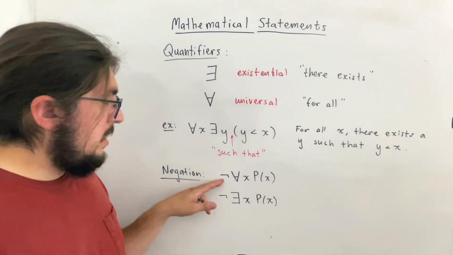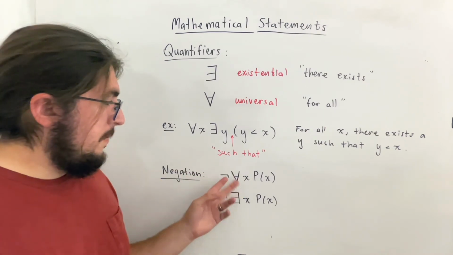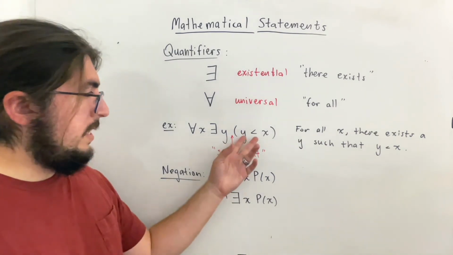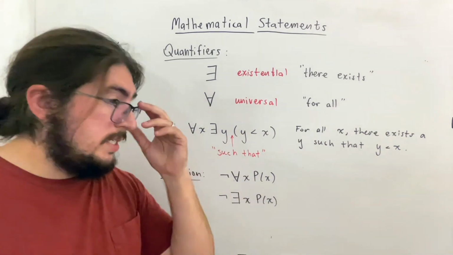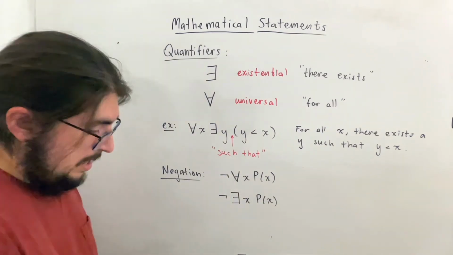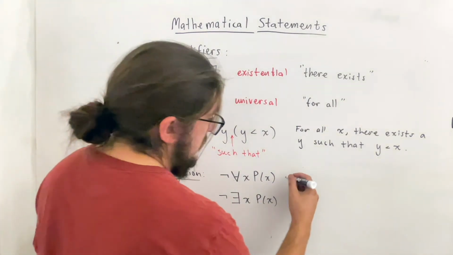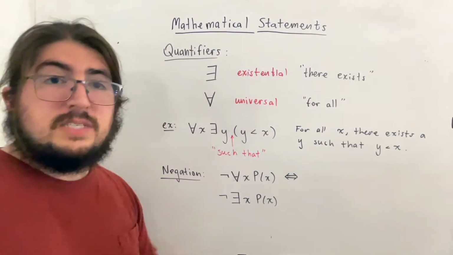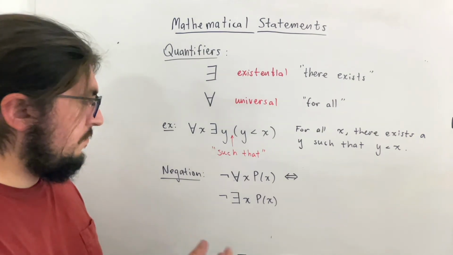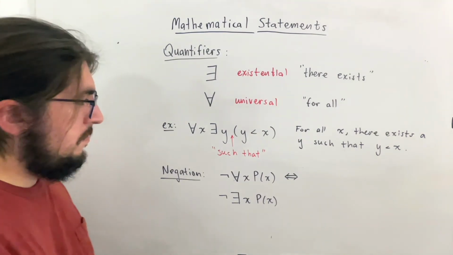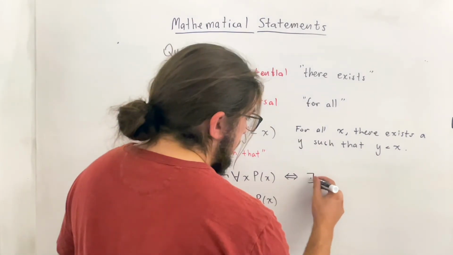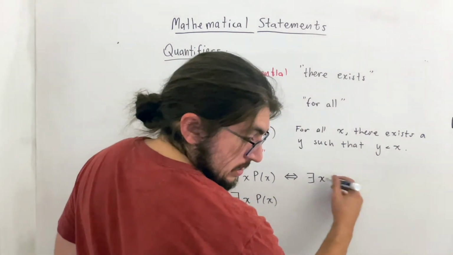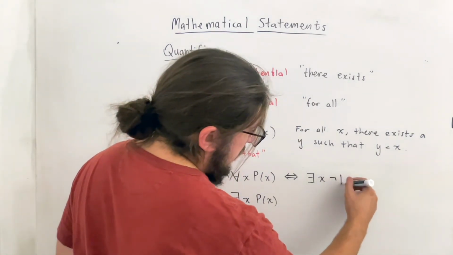Okay? So this is negating the statement for all x such that p of x, such that y is less than x, such that x is negative, such that x is even, whatever p of x means. Now this ends up being equivalent, so I'm going to write this equivalent statement, which reminds me of an if and only if logical symbol: there exists x such that not p.